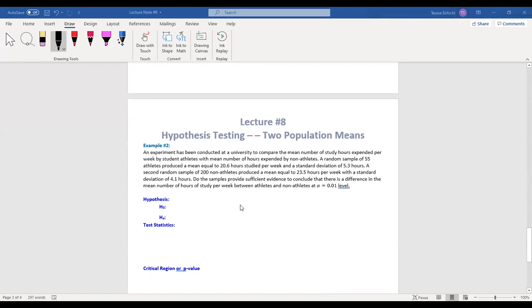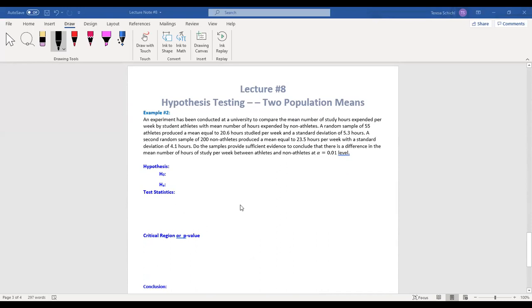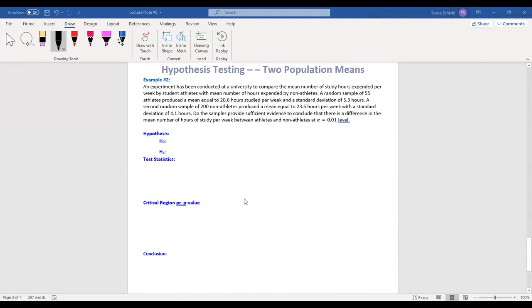Now let's go back to our lecture notes and take a look at our next example. Let's do it one more time to see if we can reproduce the result with the calculator and with R. An experiment was conducted at a university to compare the mean number of study hours per week of student athletes with non-athletes.